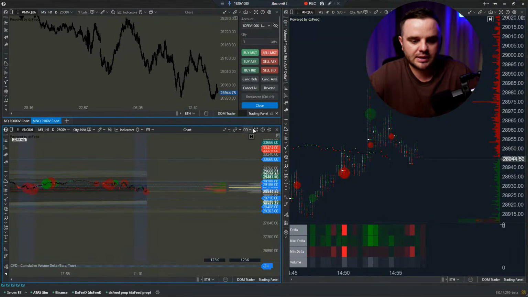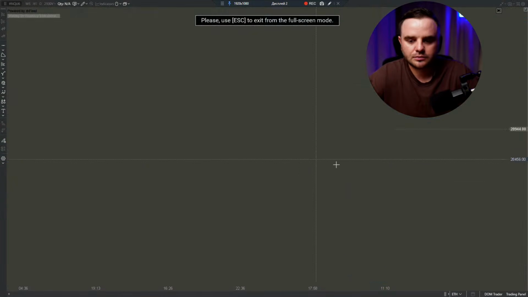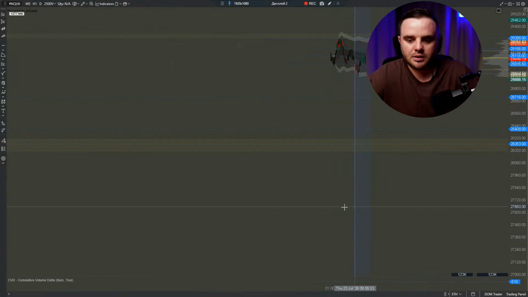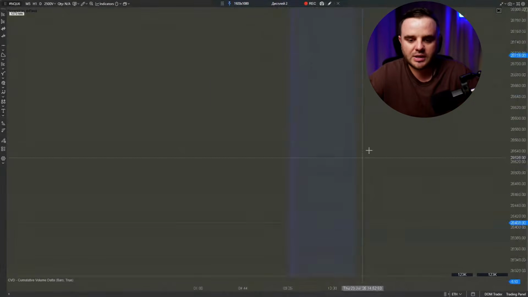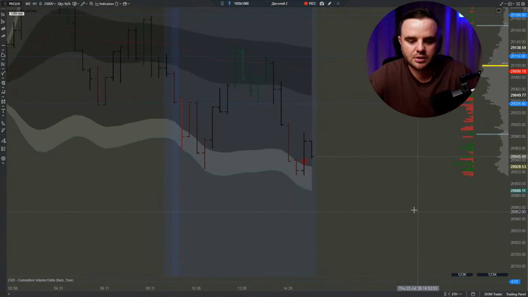It's exactly this one. It is this indicator, DOM levels and heat map. It shows you on a chart where significant limit orders appear, and it will be important for you to see how price reacts to that limit order.